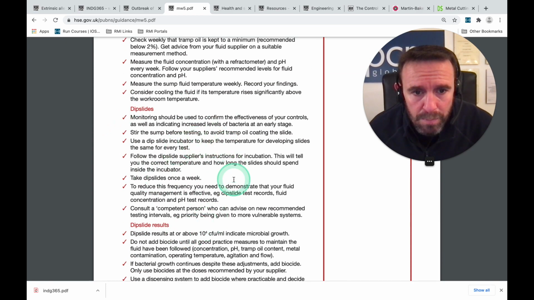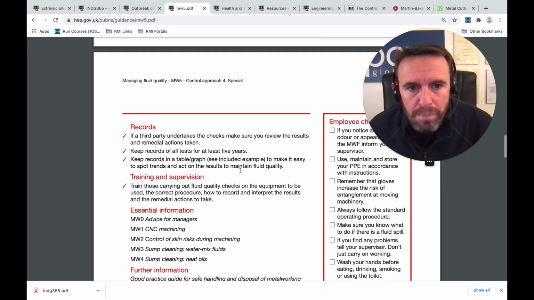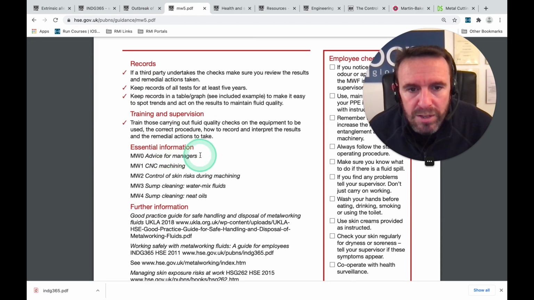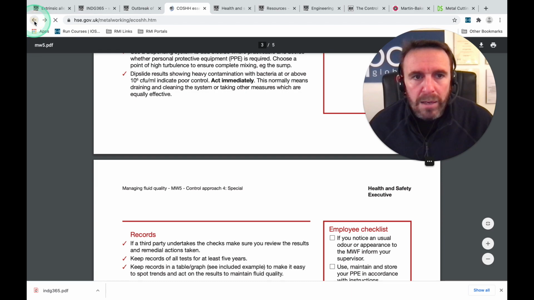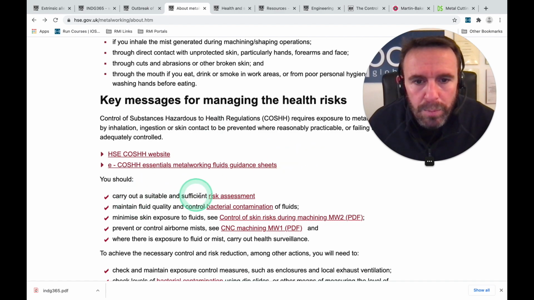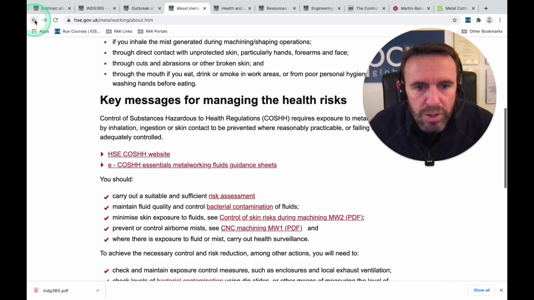Dip slides, we've just mentioned that. Dip slide results, microbial growth, we've just mentioned that. Keeping your records, training and supervision, and then we've got essential information. So let's go back to, really is worth going on this page. Suitable and sufficient risk assessment. That's just going to take you through to the risk assessment on the HSE website.